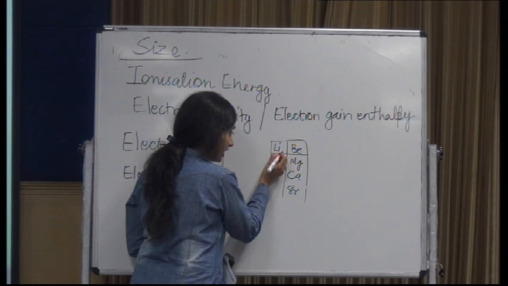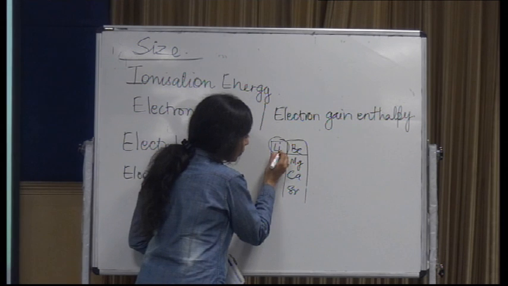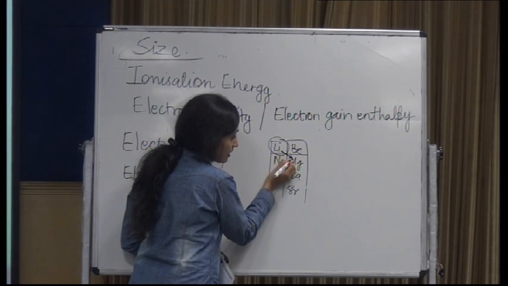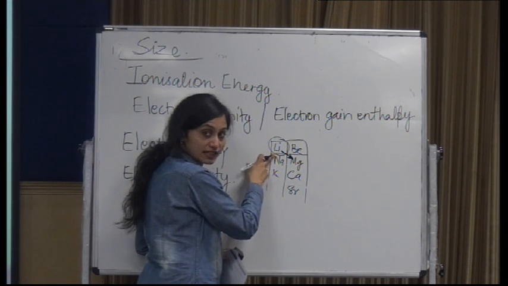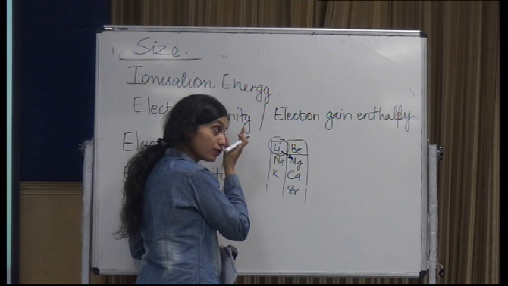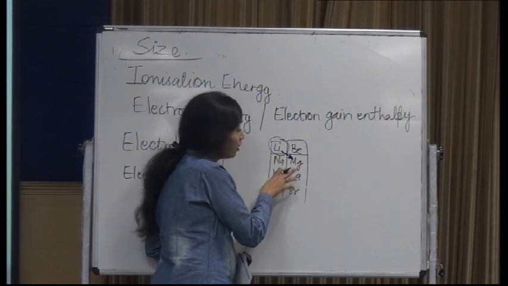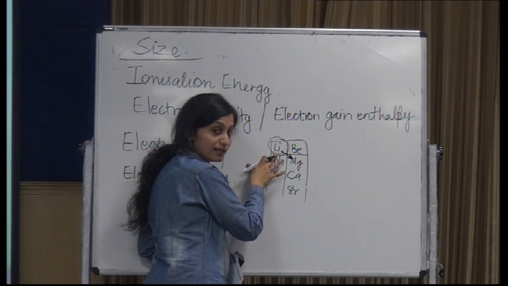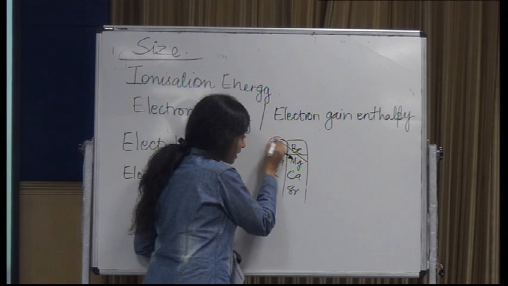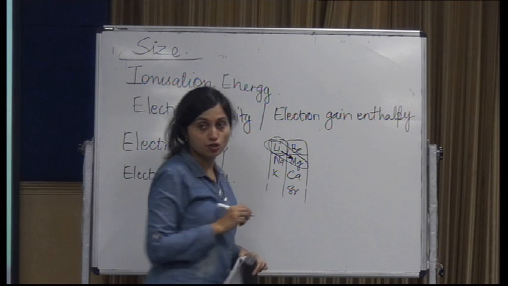So the relationship of the first element of the group to the second of the next group is kind of a diagonal. Many properties of the first element are found to be strikingly similar to the second element of the next group, and this is known as the diagonal symmetry or the diagonal relationship.